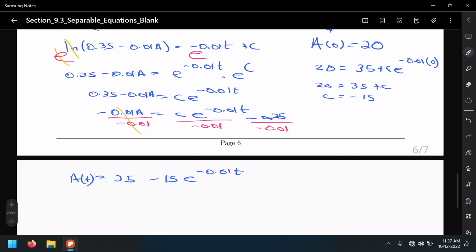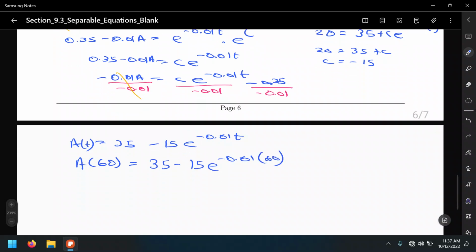So if they're asking us for 1 hour, then we need to evaluate A at 60, because this was designed in minutes. Times 60, all right? And after simplifying this madness using a graphing calculator or whatever, A of 60 equals 26.77 gallons.